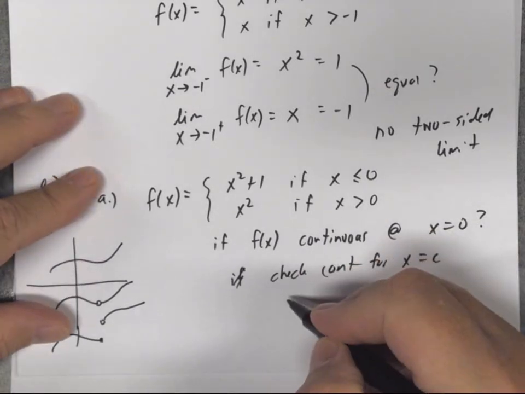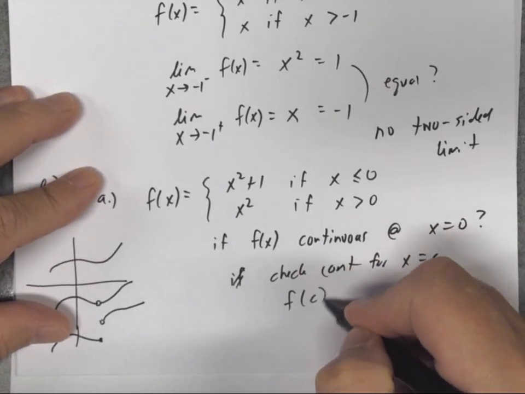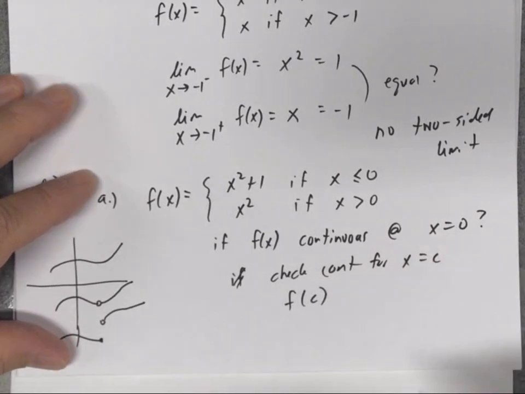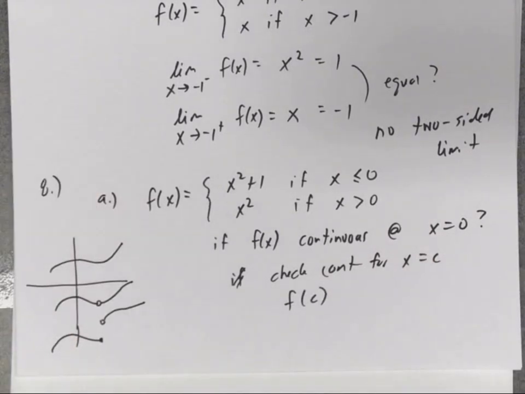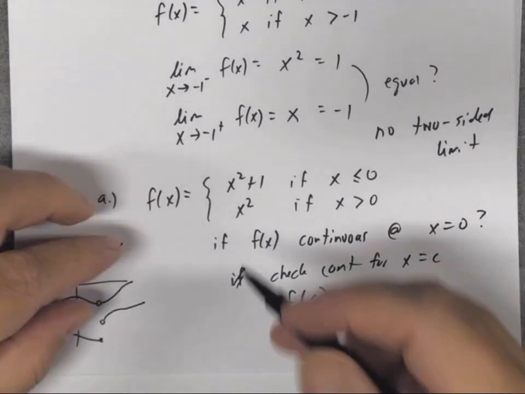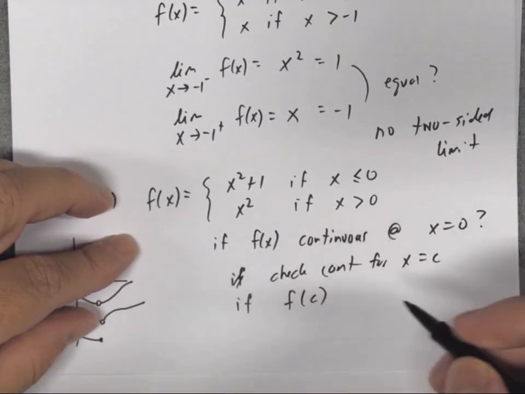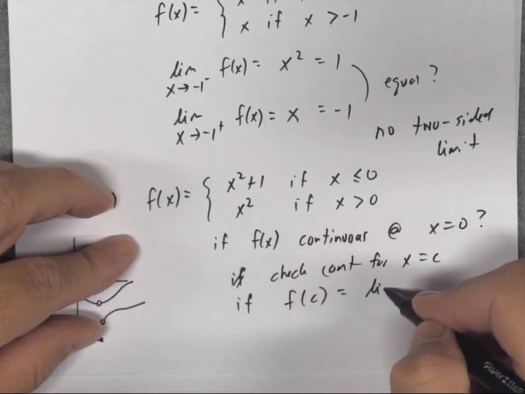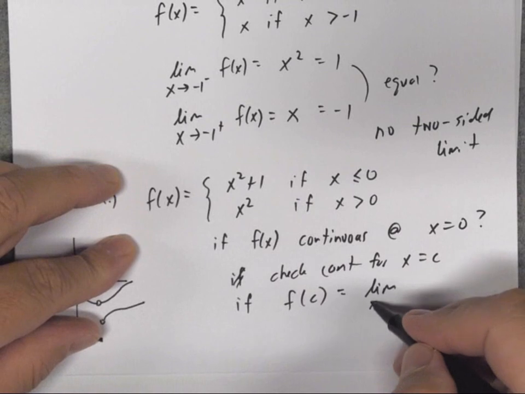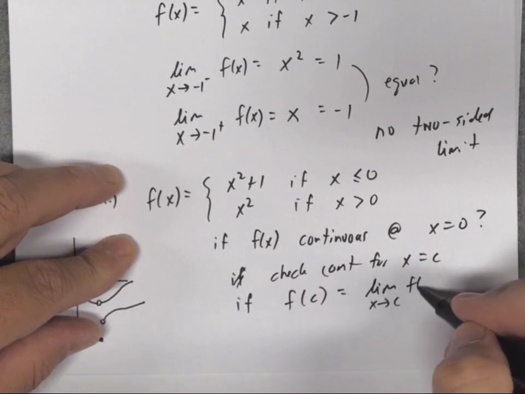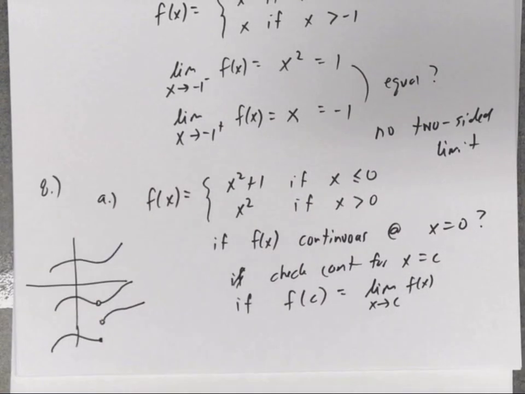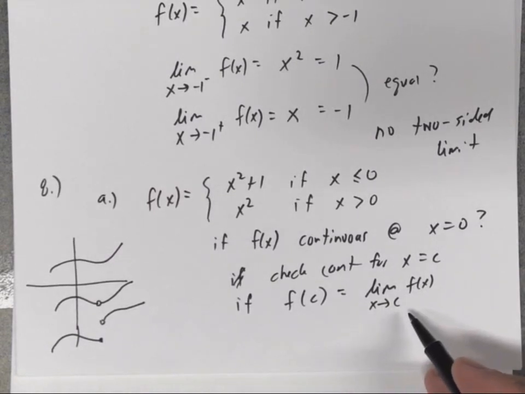All you do is you take your function and plug in that number, and you also determine the limit as x approaches c.